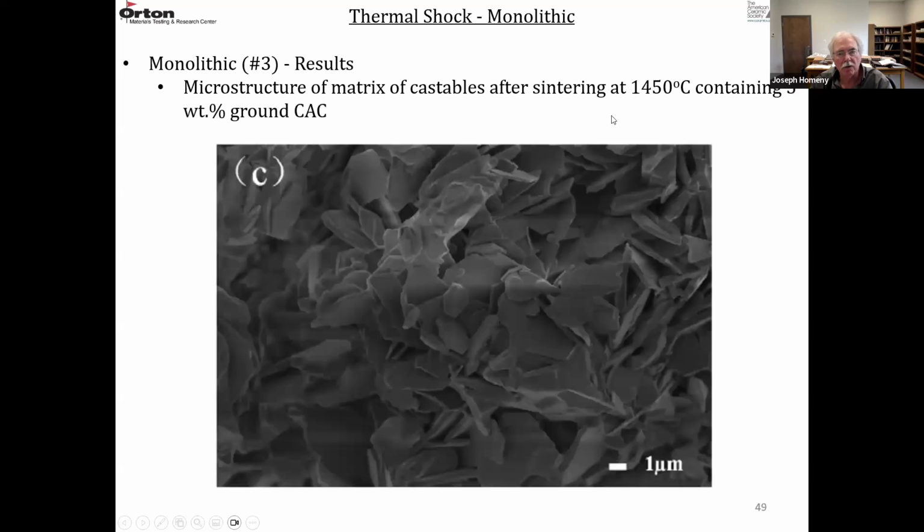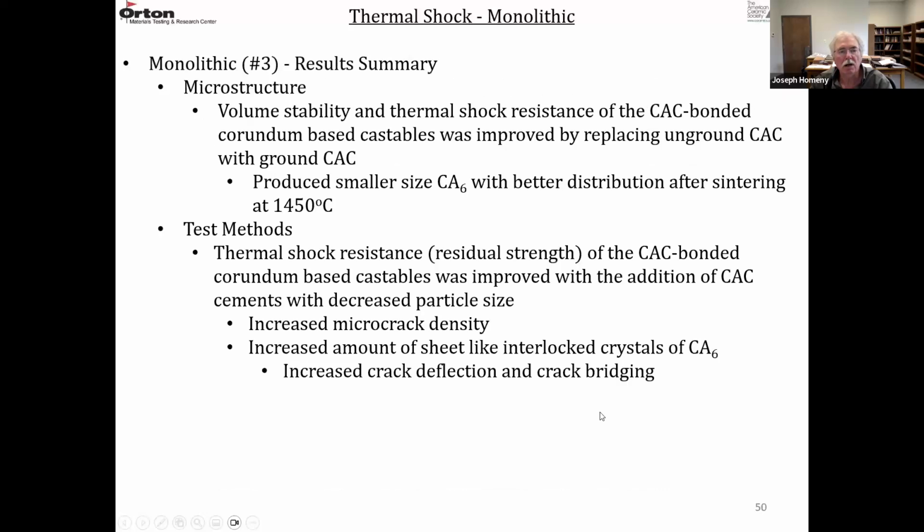And then when you go up to the 5 weight percent ground CAC sintered at 1450, you start to see a lot of these platelets of CA6 forming. They tend to interlock in the matrix. So that's giving rise to better thermal shock resistance.